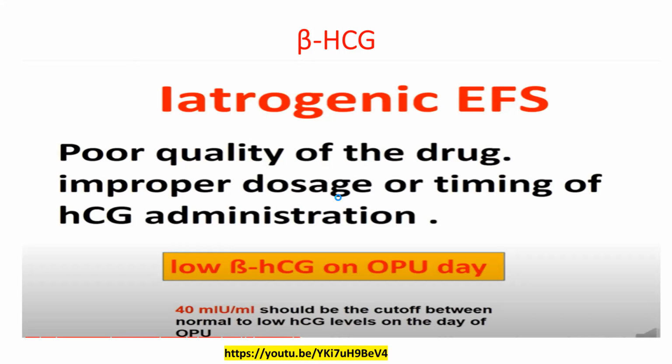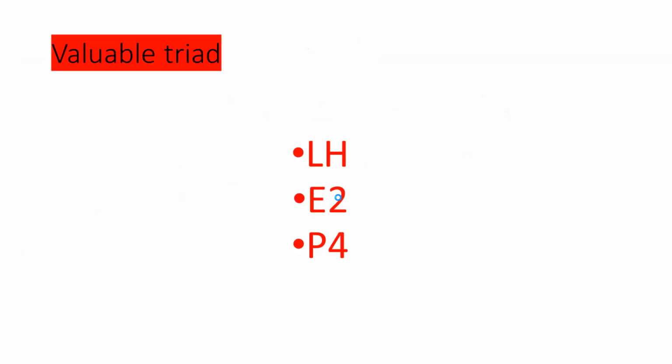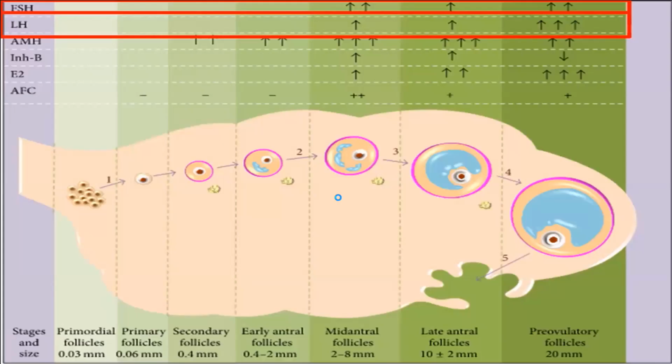If it is positive, or 40 milli-international units per milliliter or more, this suggests that you can find eggs when you aspirate the follicles. Now we go to another type of hormones, which is the variable triad of LH, estradiol, and progesterone.